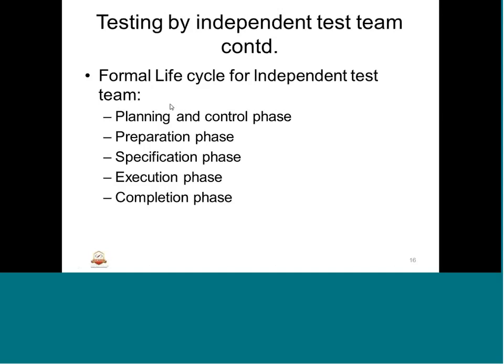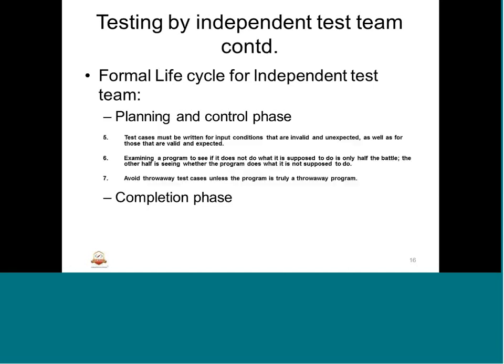These are all mapping to what we have discussed in earlier classes in another way. But in terms of the formal life cycle for an independent test team, taking requirements as input and doing the high level test, they have to plan and control, prepare, specify, execute and complete. So these are the phases used for independent testing.